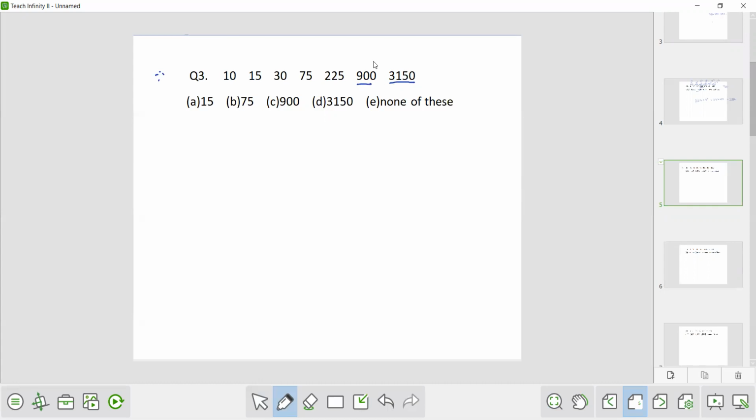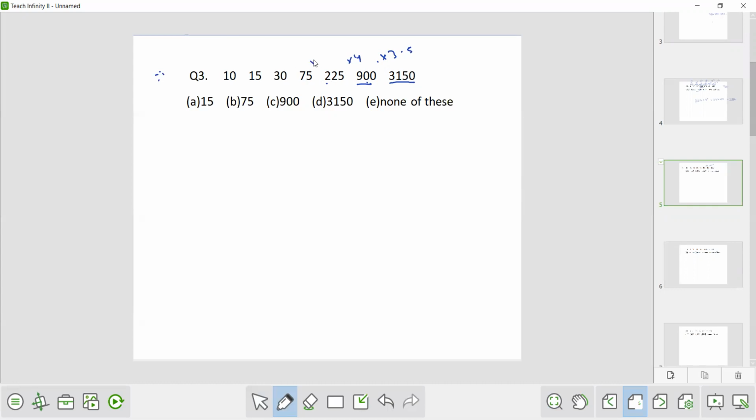So this is more than 3 times and less than 4 times, so let's say this is 3.5 times. But here 225 and 900 seems to be 4 times. So something must be wrong here. Okay, so we will proceed back.